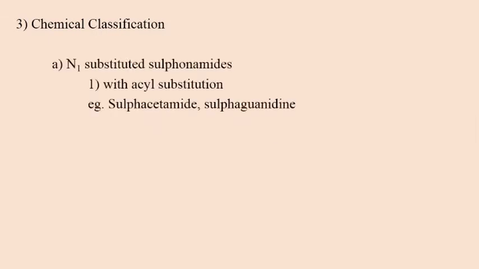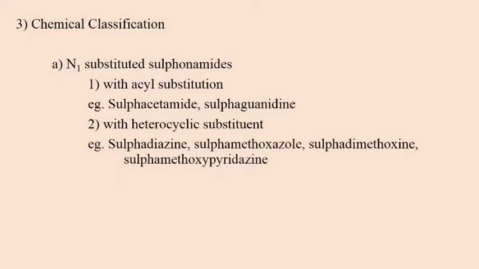Chemical classification. This is important. N1 substituted sulfonamides: the nitrogen which is attached to the SO2 group is called N1. This substitution can be an acyl substitution or a heterocyclic substitution, like sulphadiazine, sulphamethoxazole and sulphamethoxypyrazine.